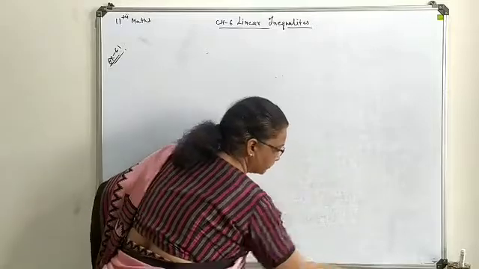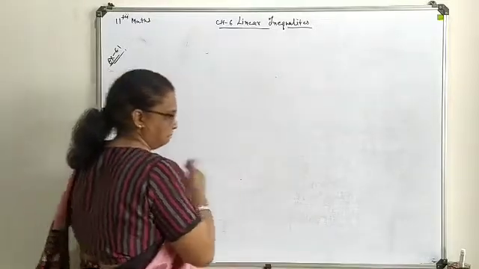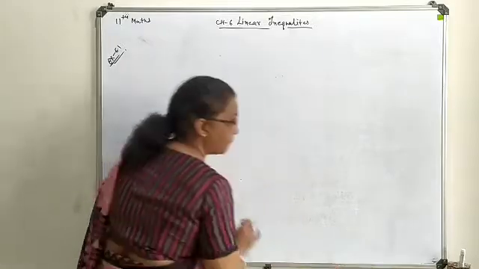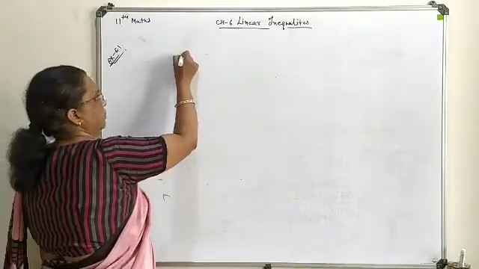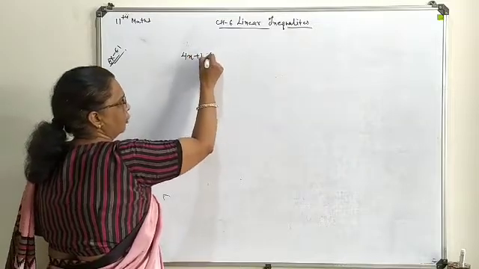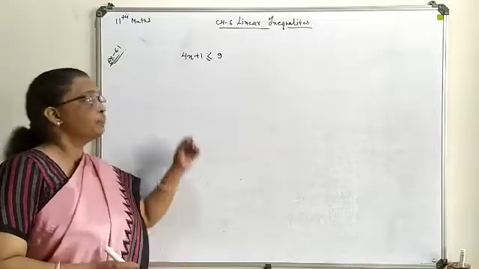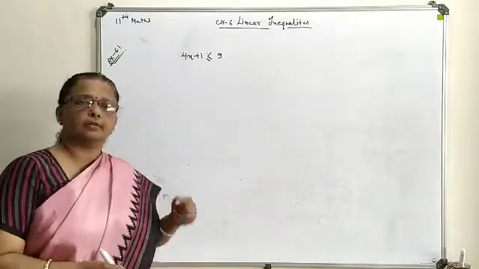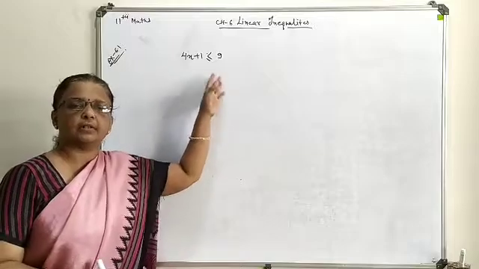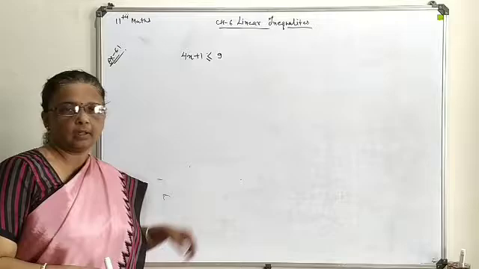Now here, suppose we take one example as 4x plus 1 that is less than or equal to 9. This is one inequality we are having. When the inequality sign we are using with the equal sign in between, that particular solution you will include as an answer form.